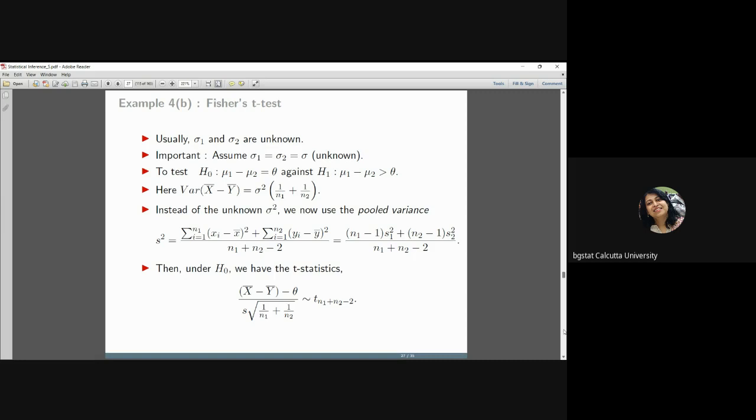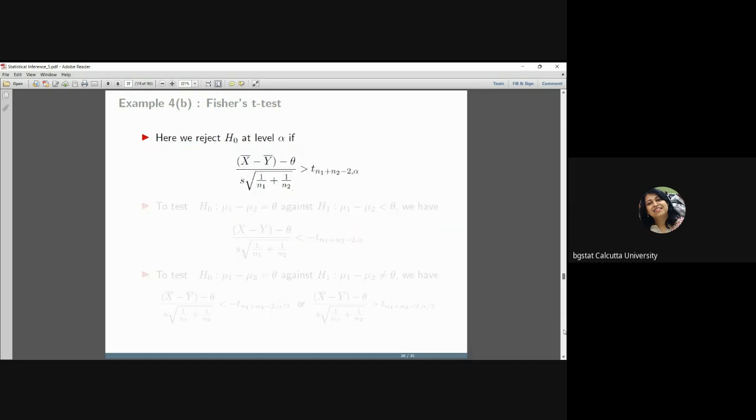You add them, and then divide by n1 plus n2 minus 2. If you do that, we have what we call the t statistic. If the null hypothesis is correct, this will follow a t distribution, and the degrees of freedom will be n1 plus n2 minus 2.